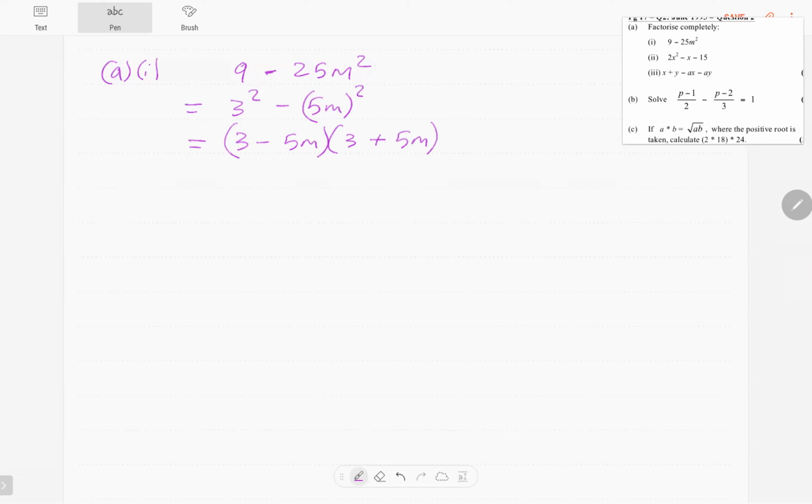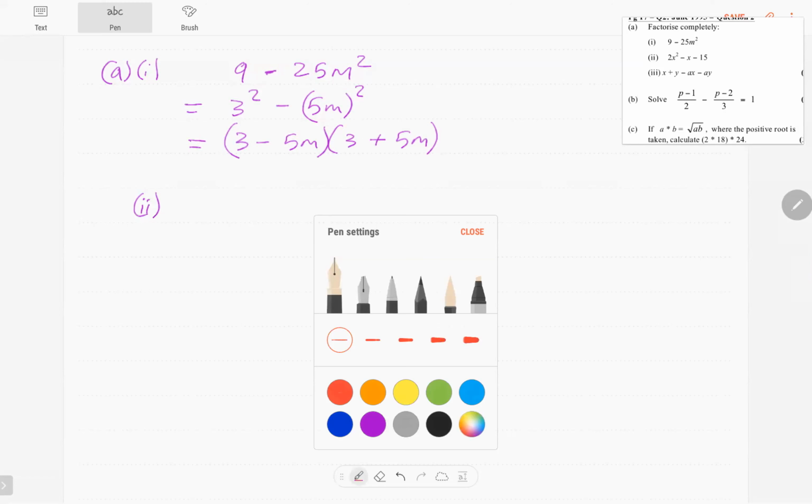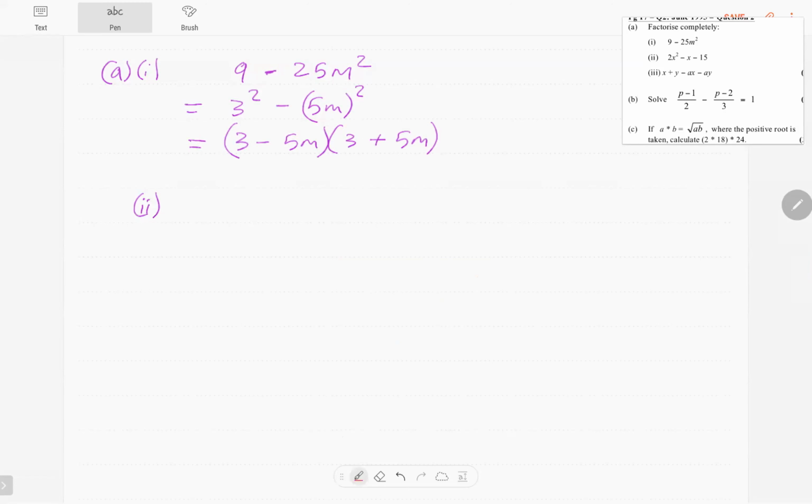That's the difference of 2 squares of part 1. Nice and easy. Remember the rule for the difference of 2 squares? You have to be able to recognize the types of factorization. The rule is a squared minus b squared equals a minus b times a plus b.